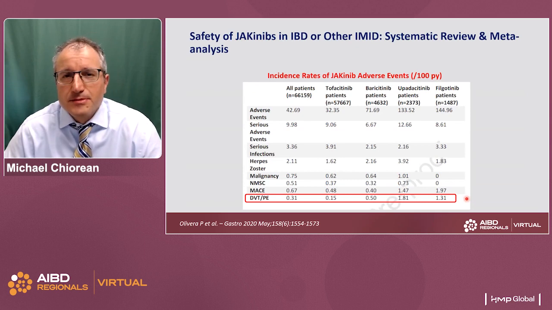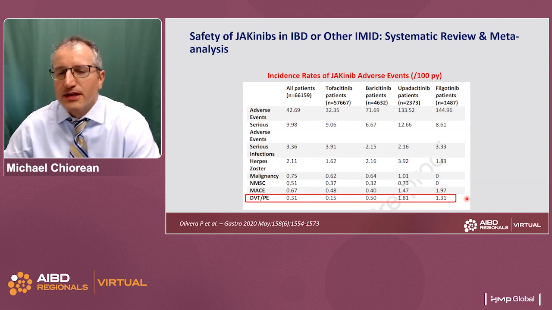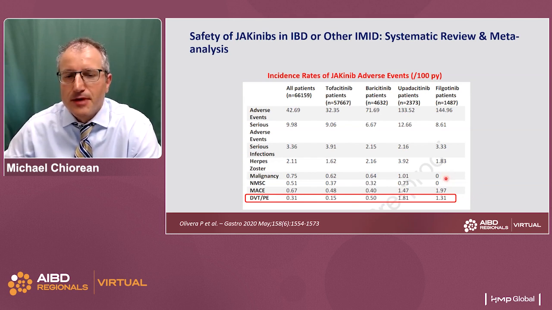Moreover, this is that systematic review that I mentioned earlier. This looks at all JAK inhibitors that are currently either in use or in development. So across the top, those are the 4, Tofa, baricitinib, which is a JAK1, JAK2, and then UPA and filgotinib, which are JAK1 selective. So thinking whether selectivity really matters as far as the risk of DVT and PE, it doesn't seem so.